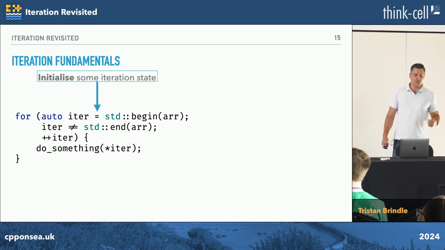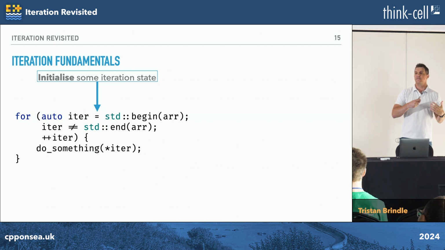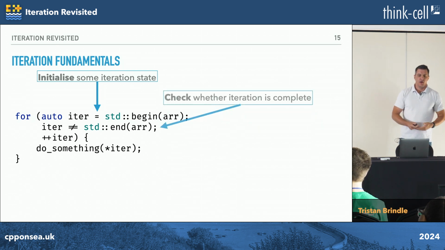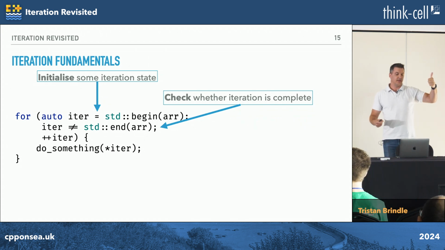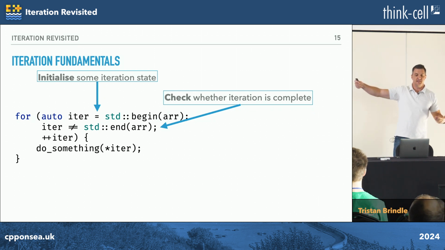Well, the first thing we need to do is initialize some sort of iteration state. We need some object, some way of storing where we are in a sequence. We need to be able to check whether iteration is complete. The initialization we do with a begin for iterators. The end check for iterators we do by comparing to this sentinel.